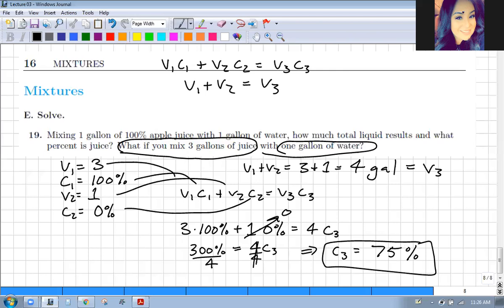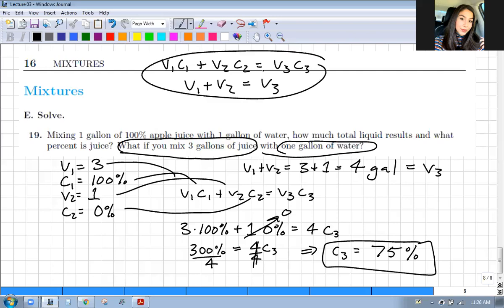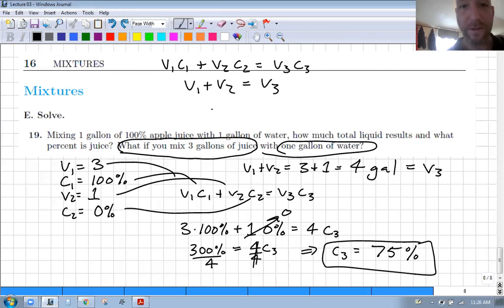Does that make sense? Yes, sir. All right. All of these mixture problems, it's always going to be using these 2 equations. Notice there's 6 variables. They're always going to give you at least 4. Here they gave us 4, but because we have 2 equations, one of them is going to give us the 5th.